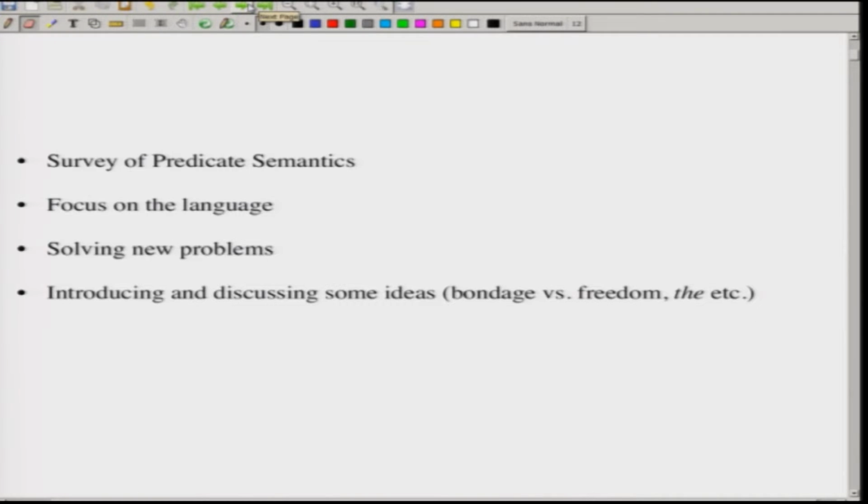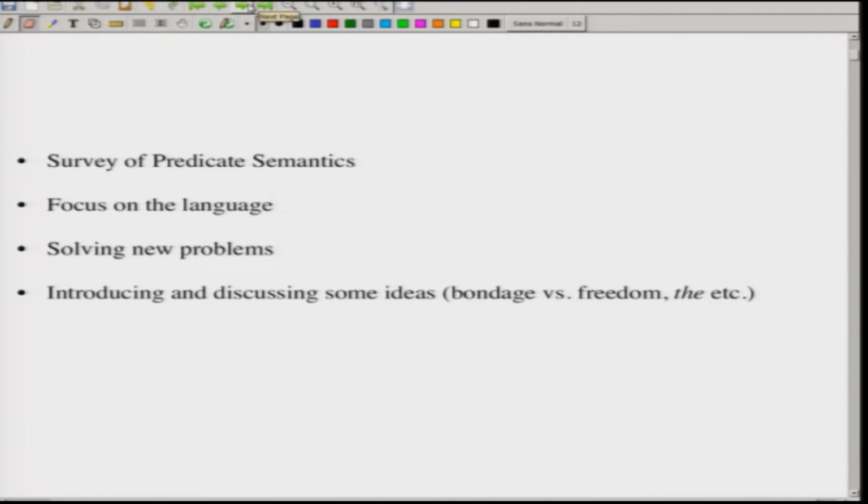In this session, we are going to concentrate on the language issue, that is, how exactly to represent each and every step of problem solving, whatever you call it. And then we shall solve new problems we did not really solve in previous sessions, and also introduce and discuss a few new ideas.